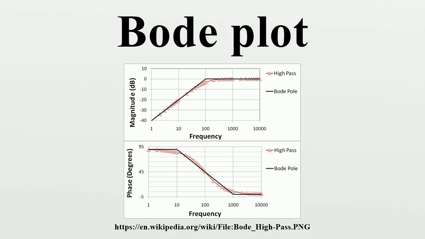Notice in Figure 5 in the phase plot that the straight line approximation is pretty approximate in the region where both pole and zero affect the phase. Notice also in Figure 5 that the range of frequencies where the phase changes in the straight line plot is limited to frequencies of factor of 10, above and below the pole location, where the phase of the pole and the zero both are present.